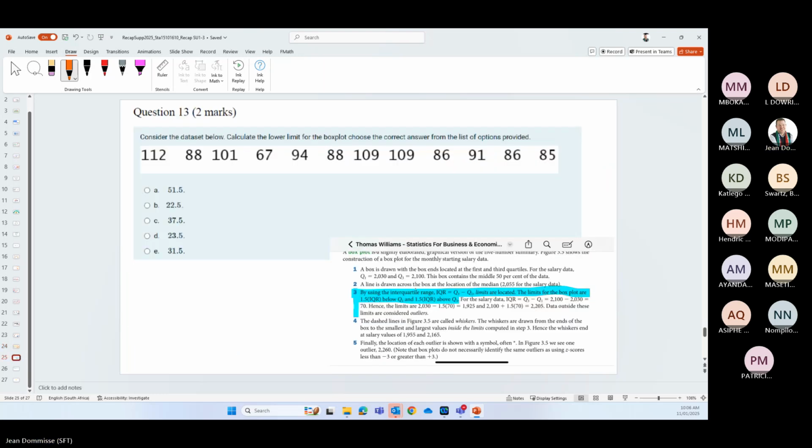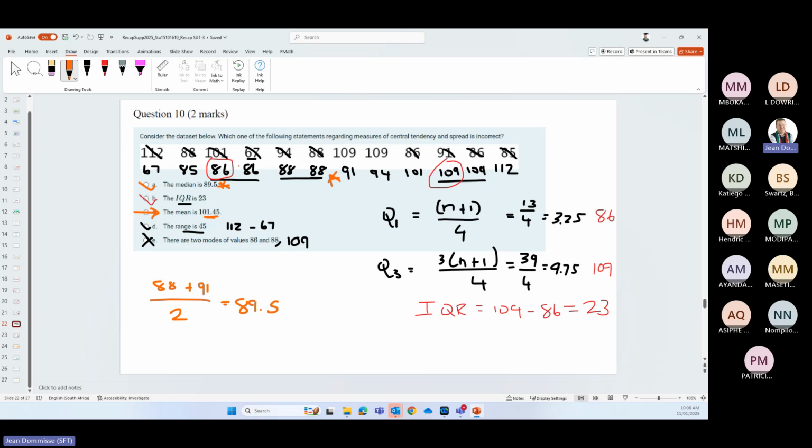Then I've included this one specifically because it's linked to this set of data.